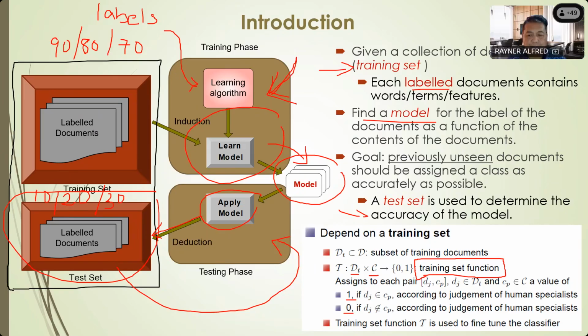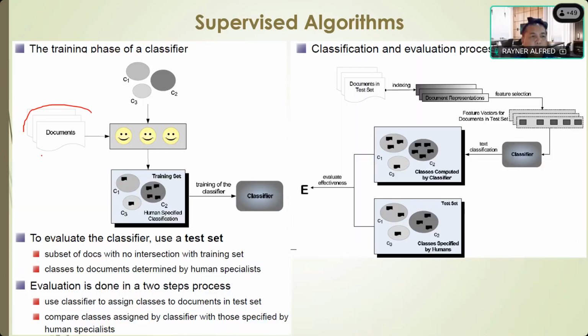Okay, so for instance, given a document here, we have class 1, class 2, and class 3. The training set is used to classify this into all these classes, and we want to know how many of them are correctly classified. So we are fine-tuning your algorithm here.